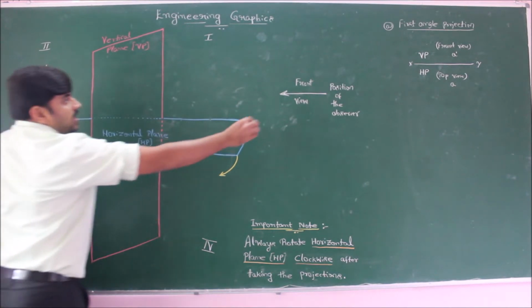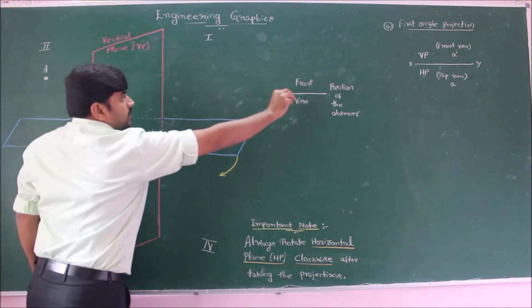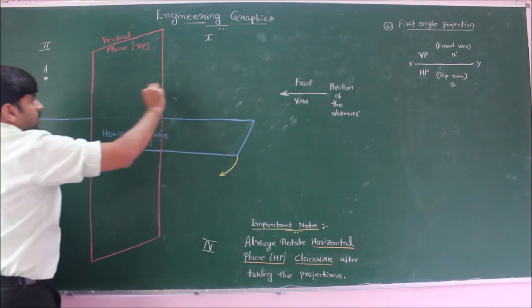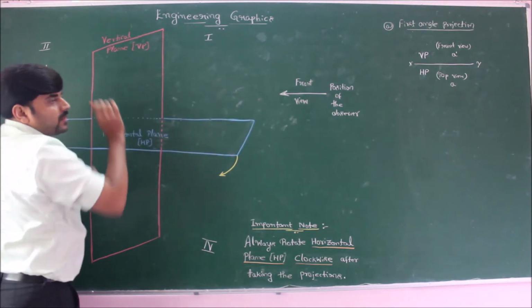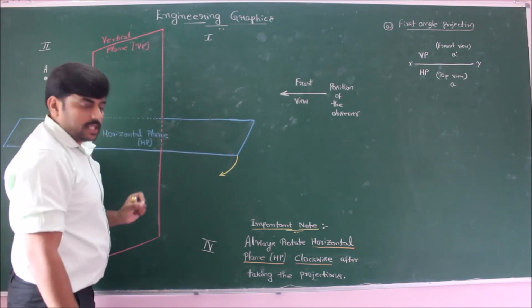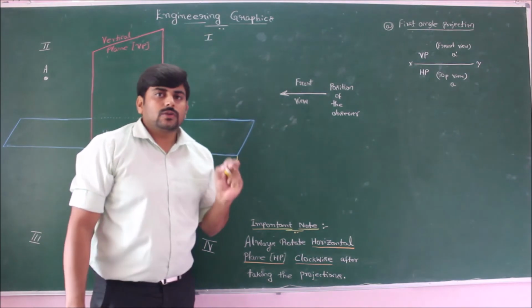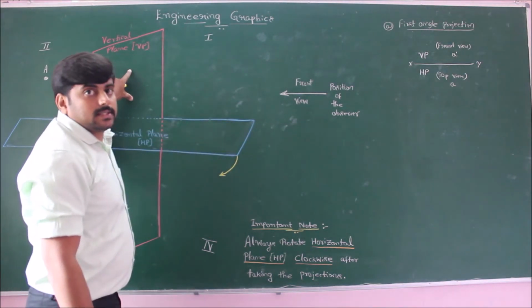Now the observer will be here. The observer should not change its position. Now in its front view, if the observer views this point, this vertical plane itself is interrupting the view for the observer. So therefore, in the second angle projection, the observer should make an assumption that the vertical plane is transparent.